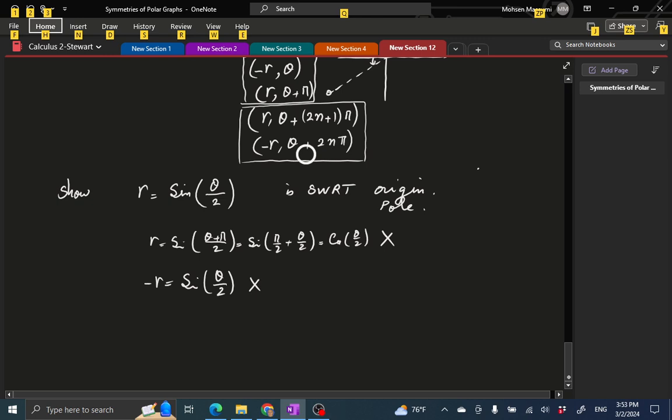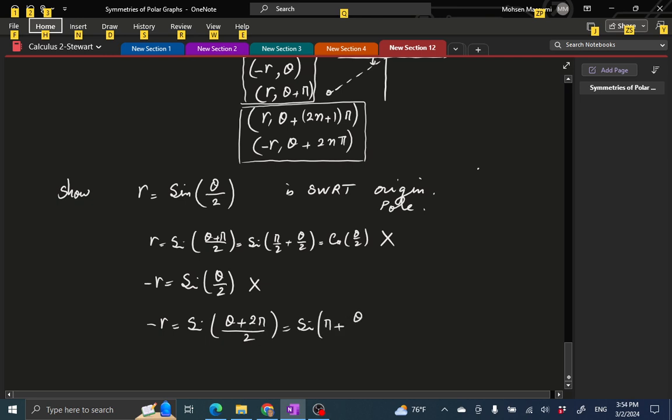Let's go up. Next, minus r is equal to sine of theta. The next even number is, of course, 2 pi. This was 0 pi, now 2 pi over 2. This is going to be sine of pi plus theta over 2, since 2 pi over 2 is pi.